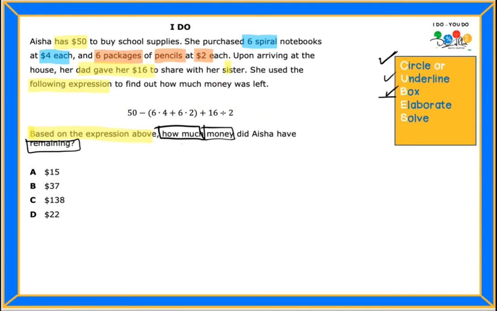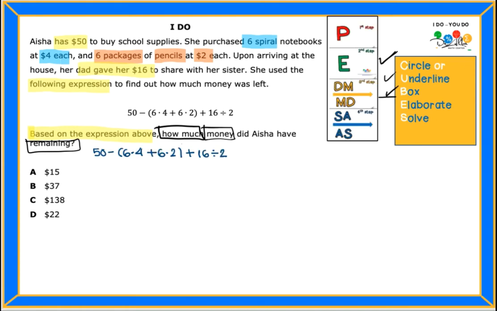We use one saying, PEMDAS, that can help us to guide ourselves on doing the operations. The choice that I'm using to elaborate is this anchor chart that we have on the left side for order of operations. This helps me because I have to always do the operations that are inside any parentheses.